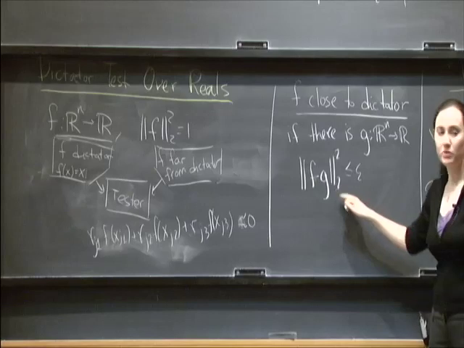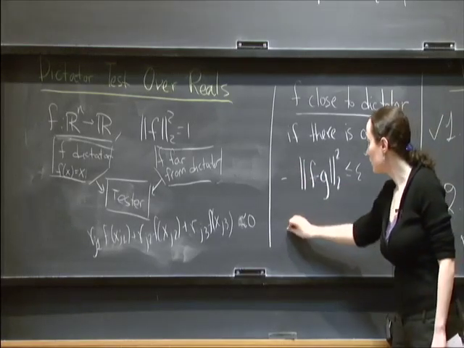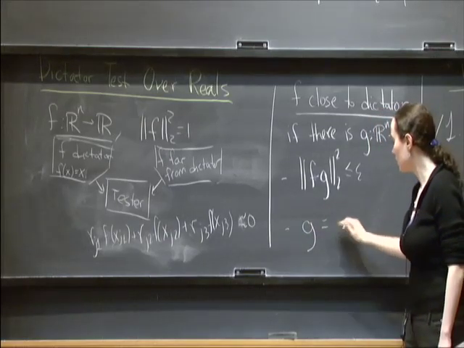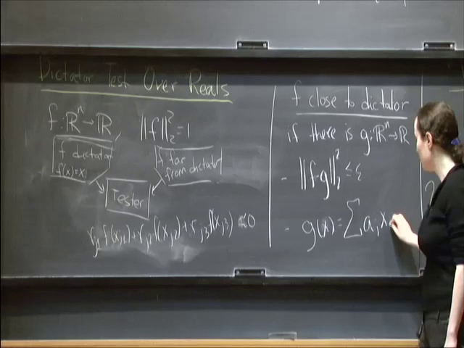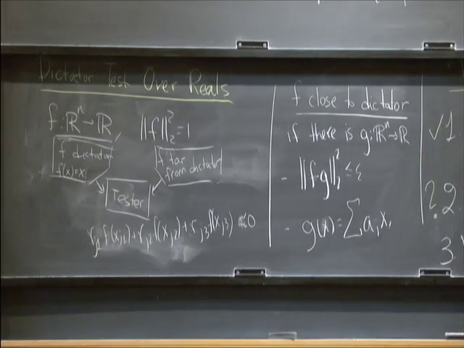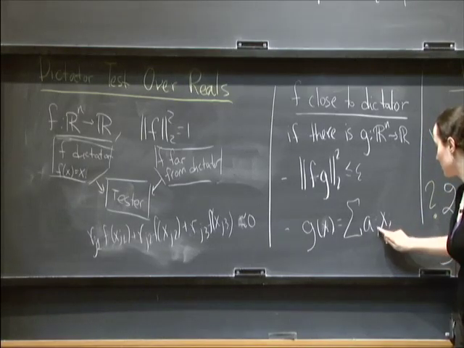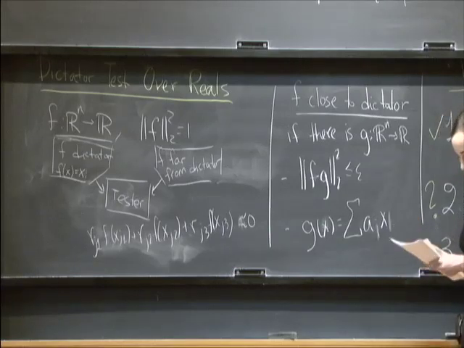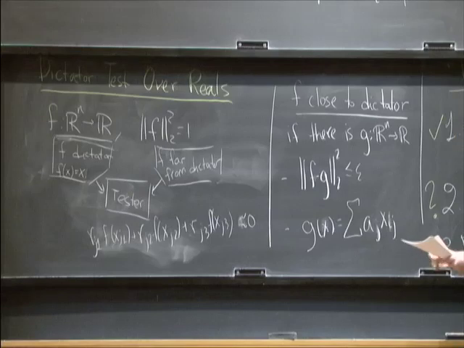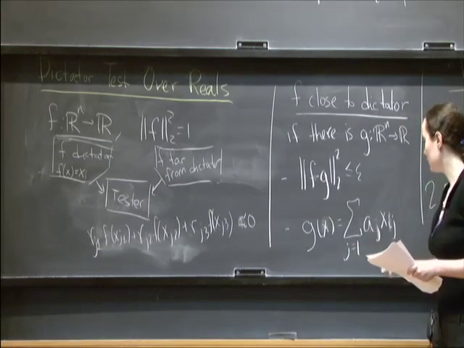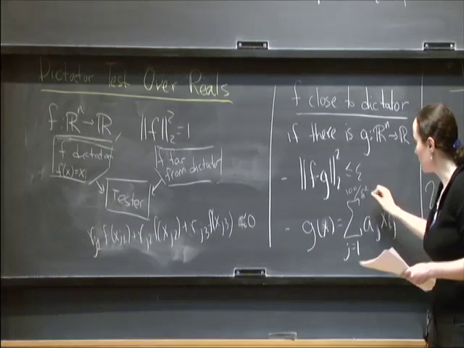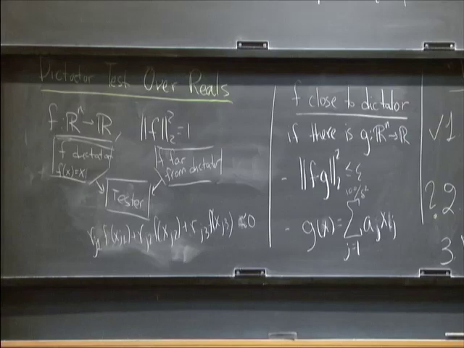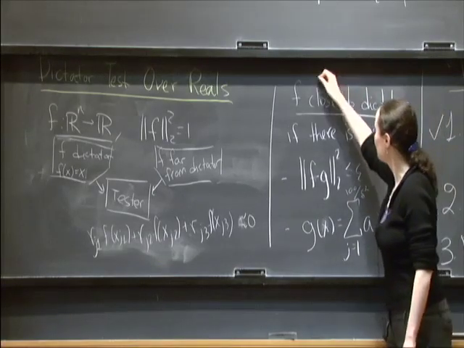So in the 2 norm, g approximates f, and g of x can be written as a sum of coordinates among the n coordinates, where there aren't too many coordinates, say, j runs from 1 to something which is at most 100 over delta squared. So this will be delta epsilon close.